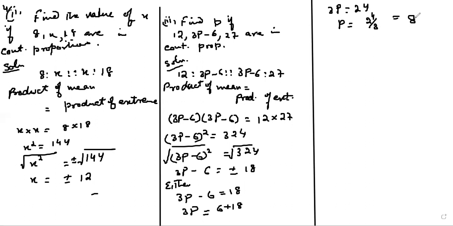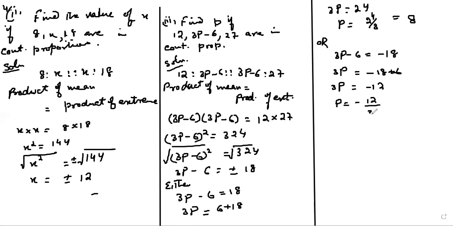So then for the next value, we have 3p minus 6 equals minus 18, means 3p equals minus 18 plus 6, means 3p equals minus 12, and p equals minus 12 over 3 equals minus 4, which is the answer.